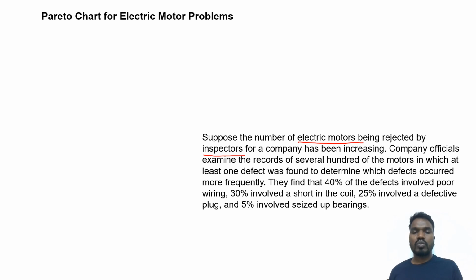Therefore they wanted to know the defects, right? They found that 40% of the defects involved poor wiring, 30% involved shorts in the coil, 25% involved a defective plug, and 5% involved seized up bearings, right?